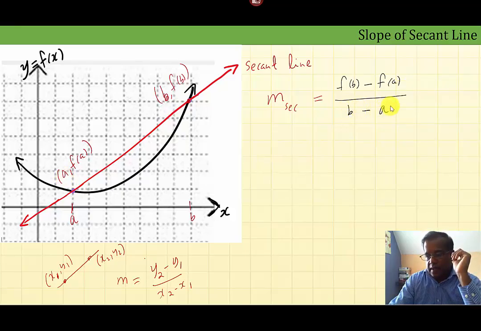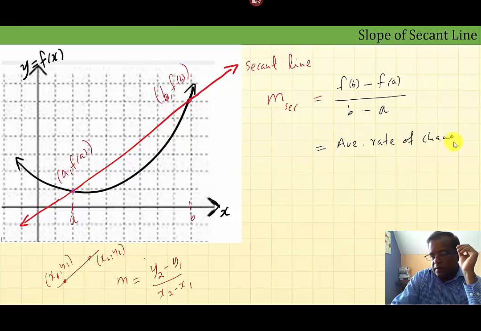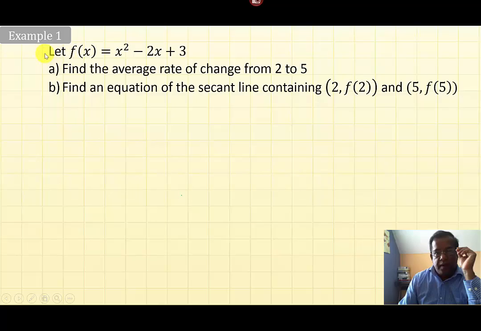So what we see here is that the slope of the secant line joining these 2 points, (a, f(a)) and (b, f(b)), is the same as the average rate of change of f from a to b.